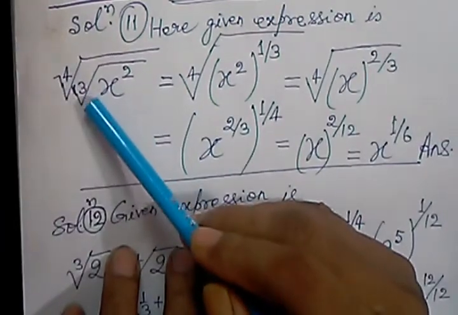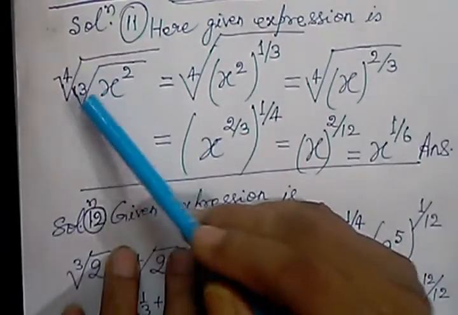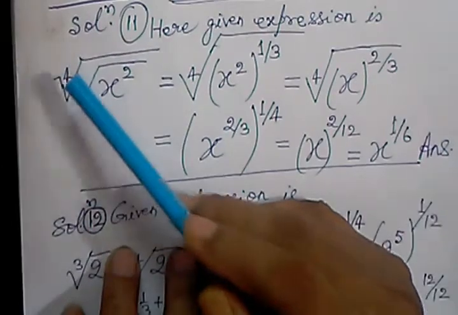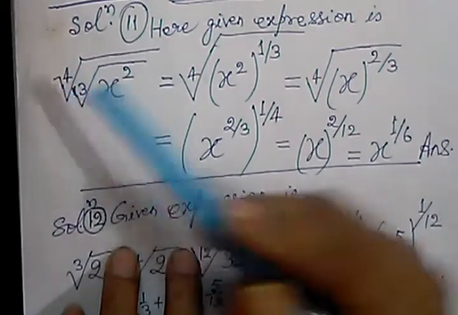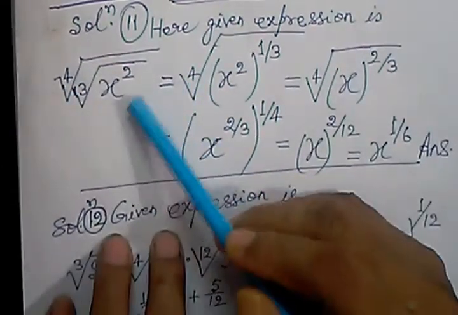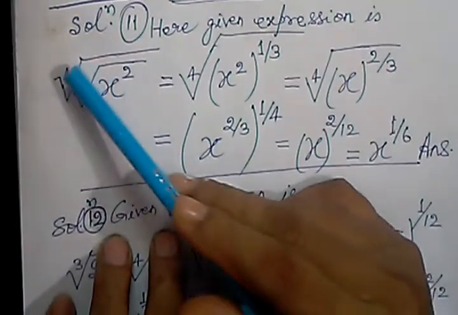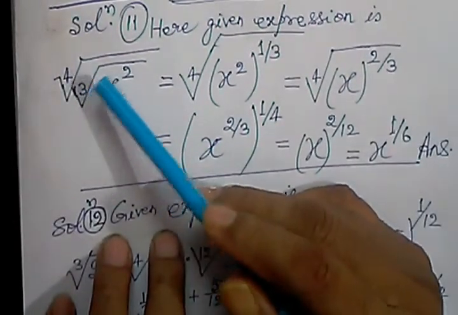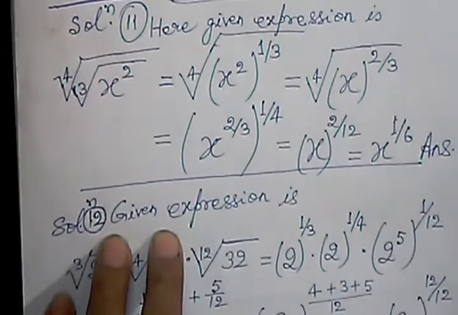Third root means power is 1 upon 3. Fourth root means power is 1 upon 4. If no number is given here, it means it is only a square root, and the meaning of a square root is power 1 upon 2.